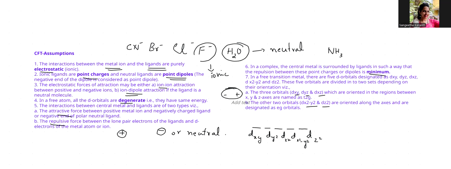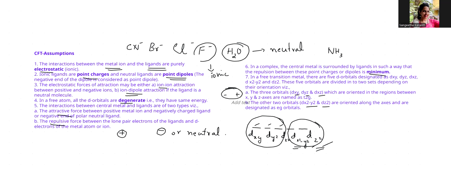When the ligands approach, what will happen is these three d orbitals in which the lobes are arranged between the axes will have lower energy, whereas these two d orbitals where the lobes are present on the axis, on the x and the y axis in dx square minus y square, as well as on the z axis in dz square, will have higher energy, and here you can see these three will be having lower energy. Now, why only these two will have higher energy?